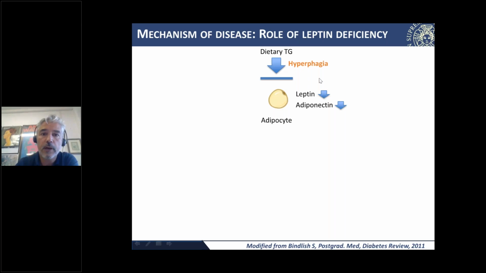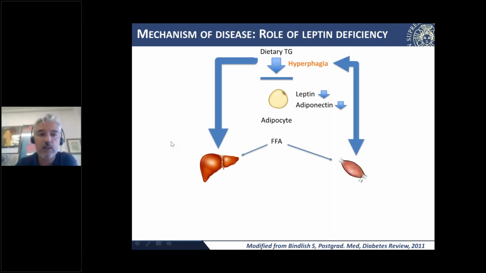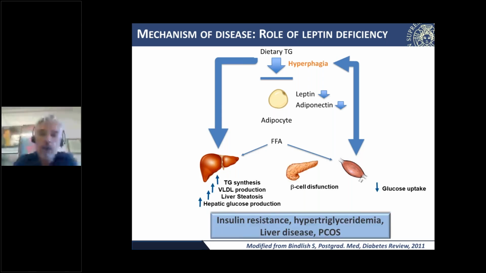But if hyperphagia starts and we do not have the organ where to put the extra calories and the triglycerides, it's clear that these triglycerides will be hosted somewhere else, ectopically, for example, in muscle, pancreas, heart, liver, generating a metabolic syndrome, which is sustained by this ectopic accumulation of triglycerides and leptin resistance.